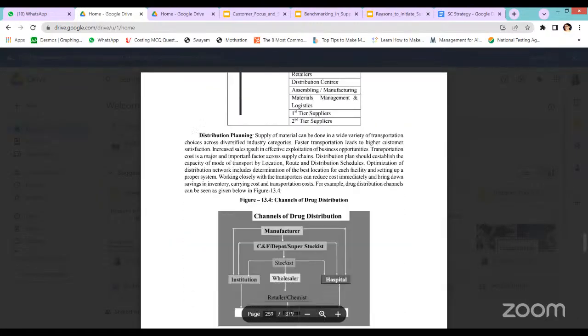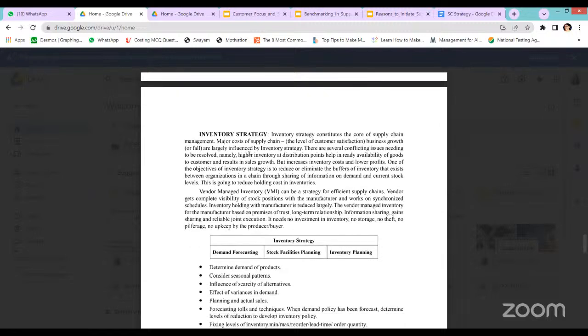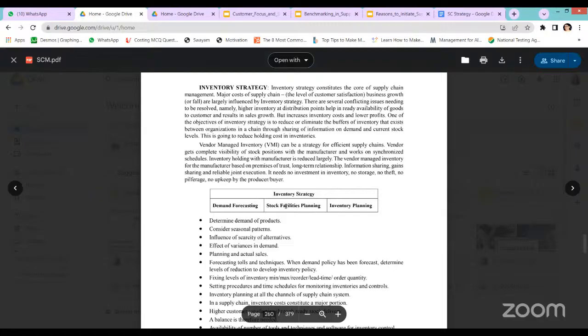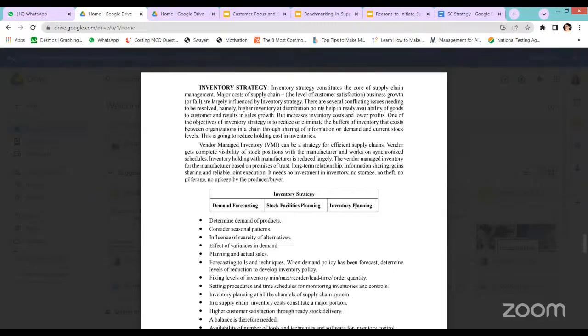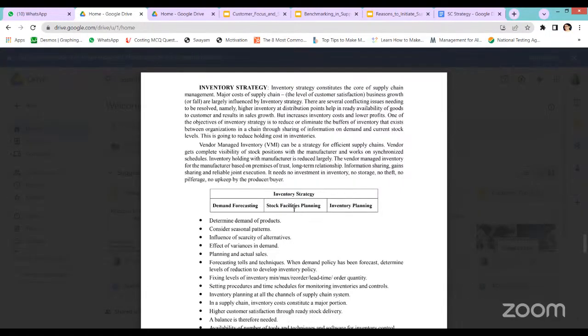After distribution, the next issue the supply chain faces is with inventory. In order to overcome inventory-related issues, it follows certain strategies like demand forecasting, stock facilities planning, and inventory planning. These are the three strategies an organization follows to overcome inventory-related issues.